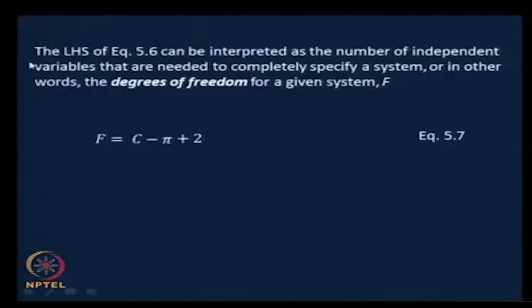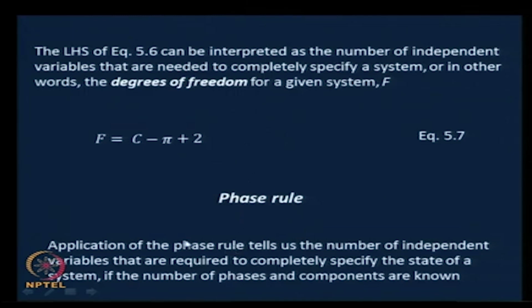The degrees of freedom was C minus pi plus 2, which is nothing but the number of variables that are short in equating the number of variables to the number of independent equations available. Therefore, if we supply these f number of variables, then the system is uniquely defined. Therefore, the application of the phase rule tells us the number of independent variables that are required to completely specify the state of the system if the number of phases and components are known.